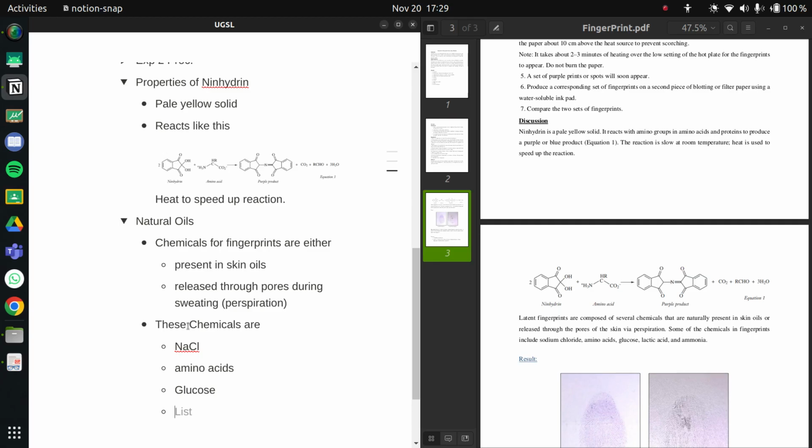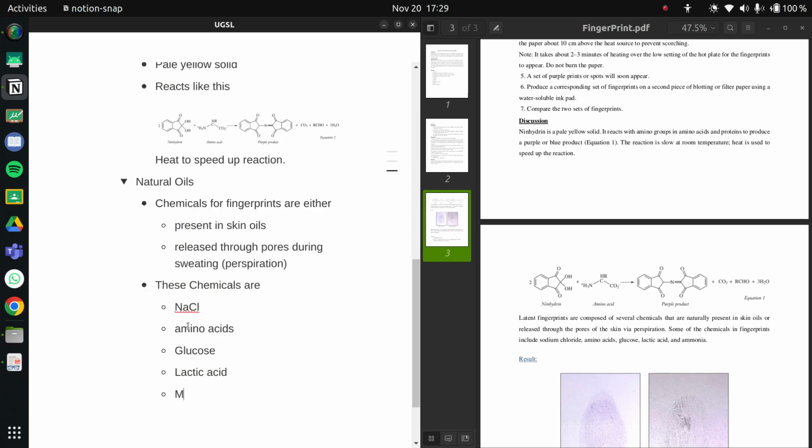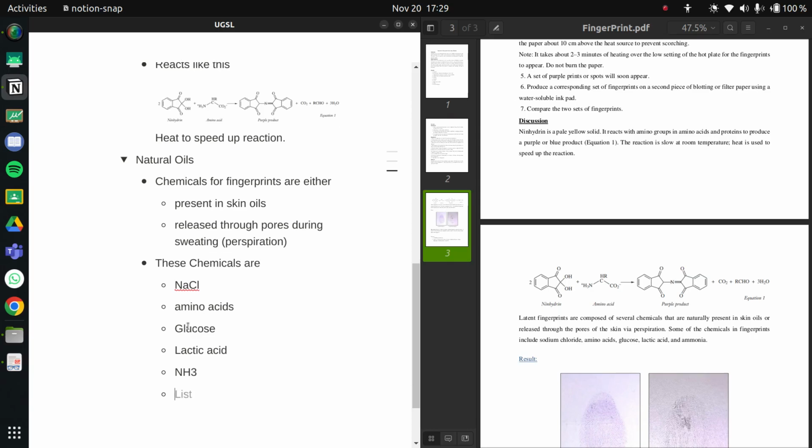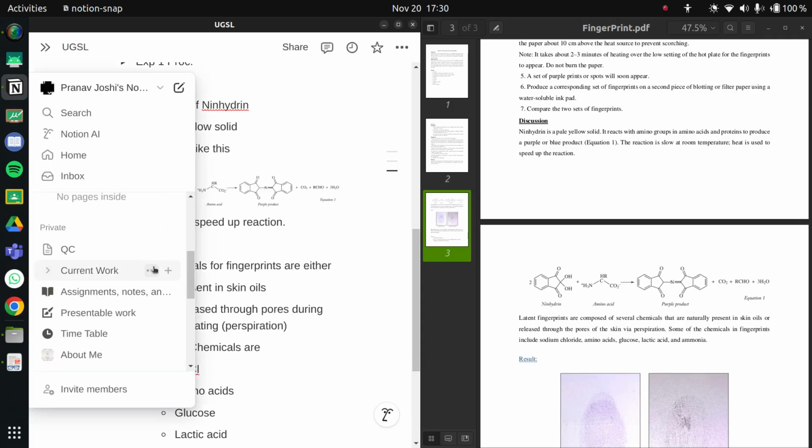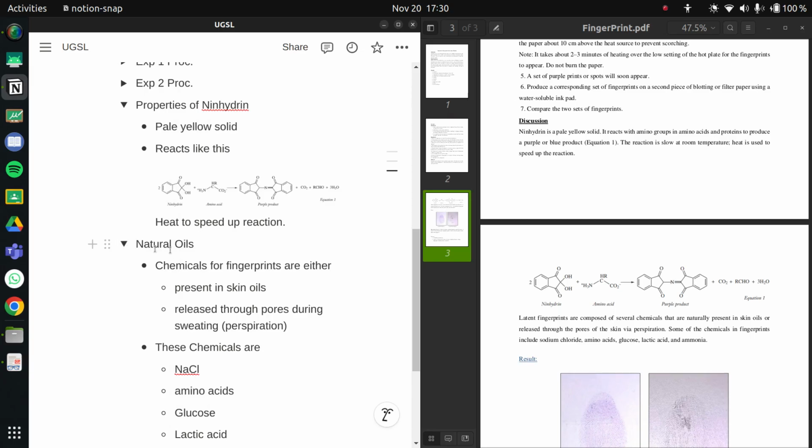Glucose, lactic acid, ammonia. Yeah, I don't even know if this is ammonia or ammonium chloride or something that is going to be released, but whatever, ammonia. That's probably the safest thing to do. This is what happens, like your natural chemicals.